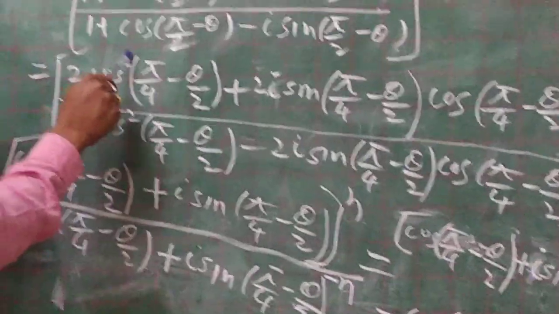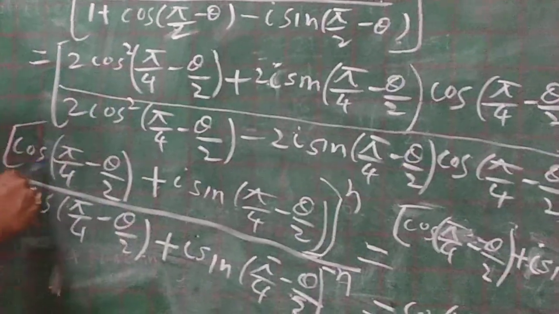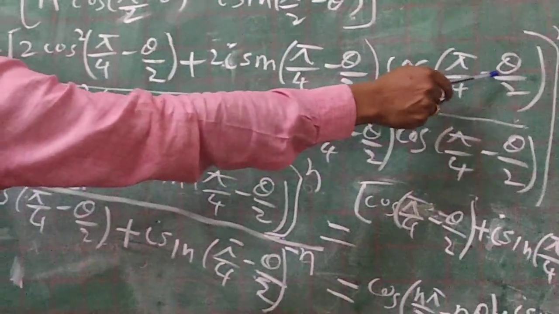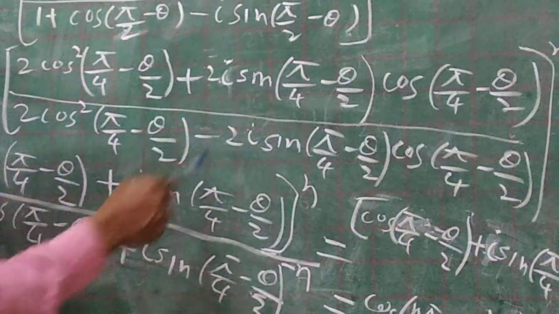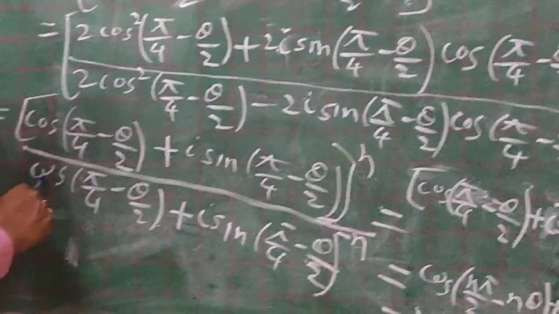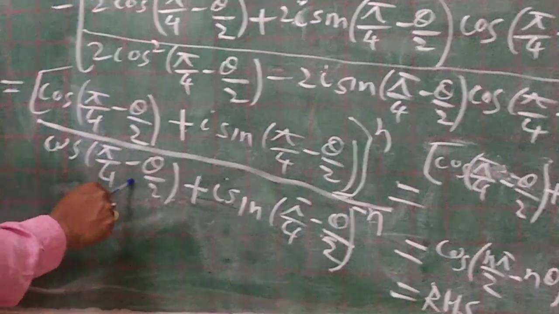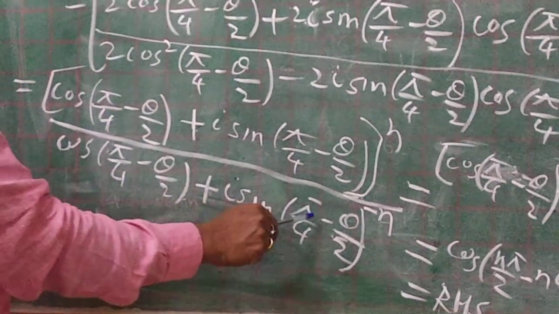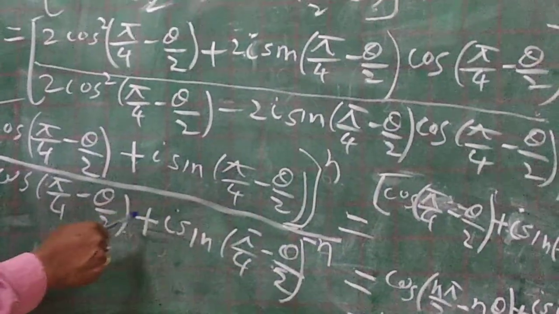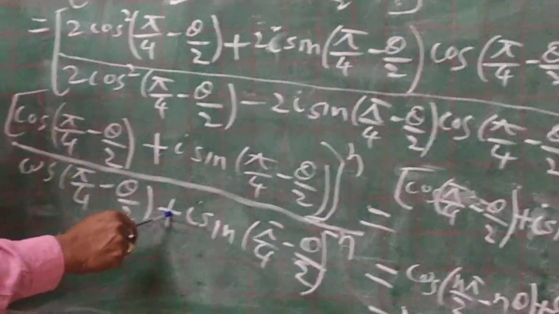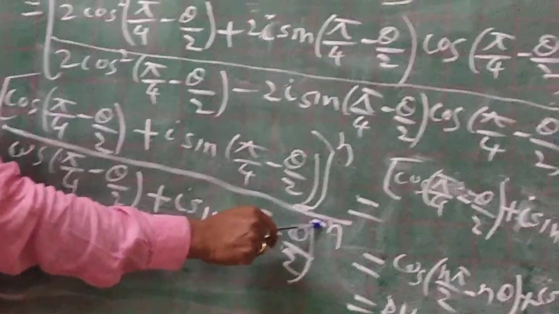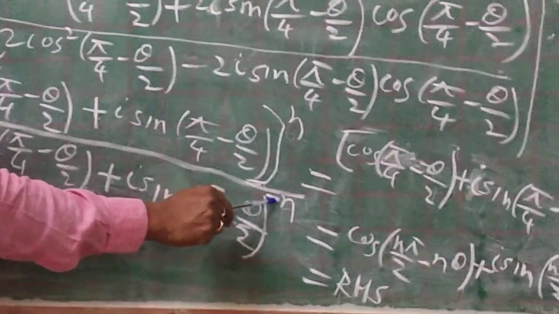The 2 gets cancelled, one cos gets cancelled, and what remains is cos of (pi/4 - theta/2) + i sin of (pi/4 - theta/2) raised to n, and cos of (pi/4 - theta/2) + i sin of (pi/4 - theta/2) raised to minus n. Why? Because our need is the sign in between is plus, so we make it plus and we change the sign of n here, it becomes minus n.